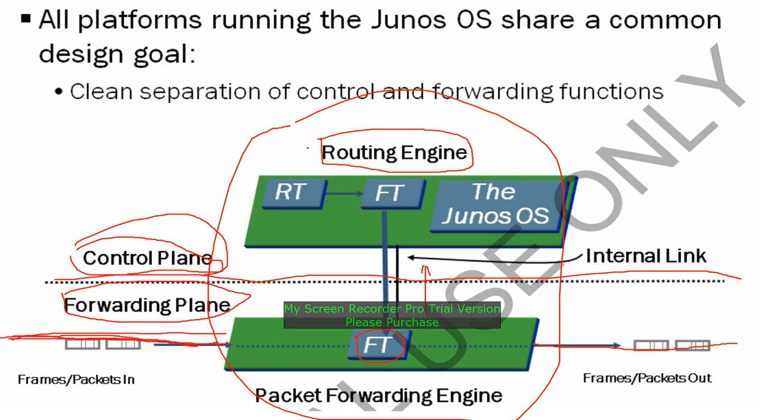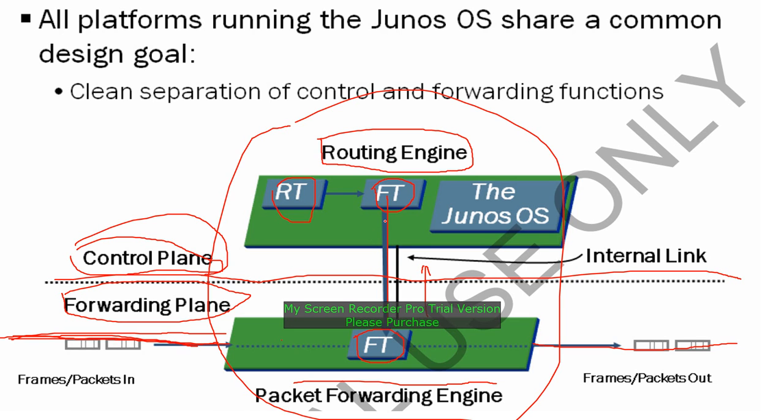So this comes into the control plane, and the routing engine will create a routing table. It will create a copy of the routing table, like a forwarding table, then it will send that forwarding table to the forwarding plane, which is the packet forwarding engine. This will regularly update and sync the control plane and forwarding plane.